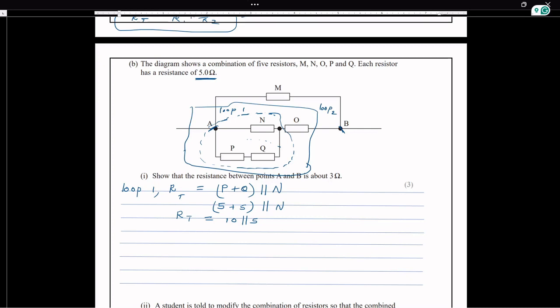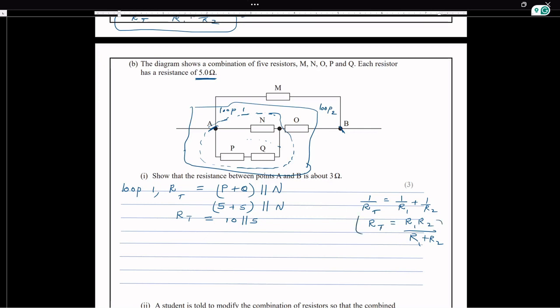Now, just now we have seen when the resistors are connected in parallel, the total resistance is the sum of their reciprocals. Okay, the equation is this, but we have an easy way to calculate the total resistance. It is the ratio of the product by sum. So directly we will get the value of RT.